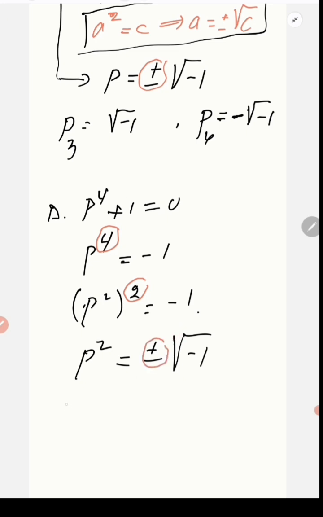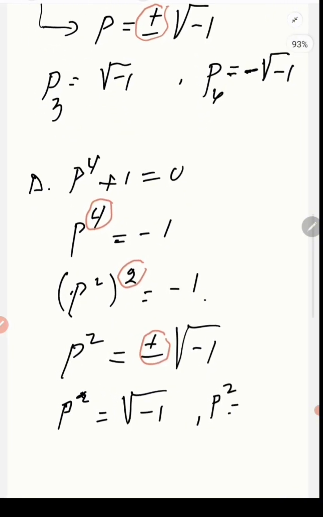Plus and minus means p squared is square root of minus 1 and p squared is minus square root of minus 1. I call them D1 and D2.